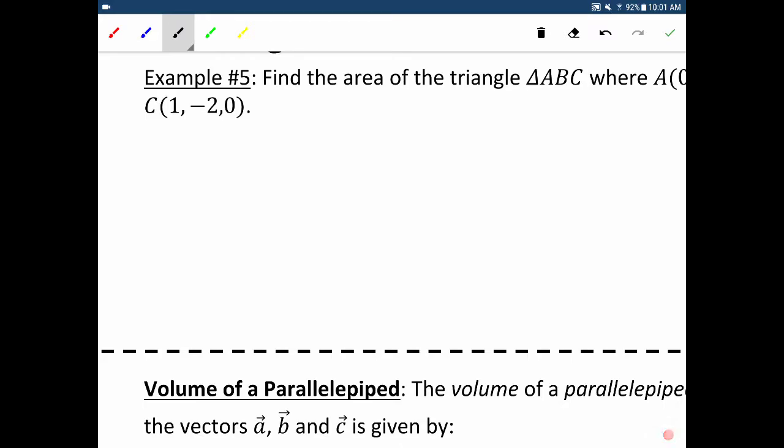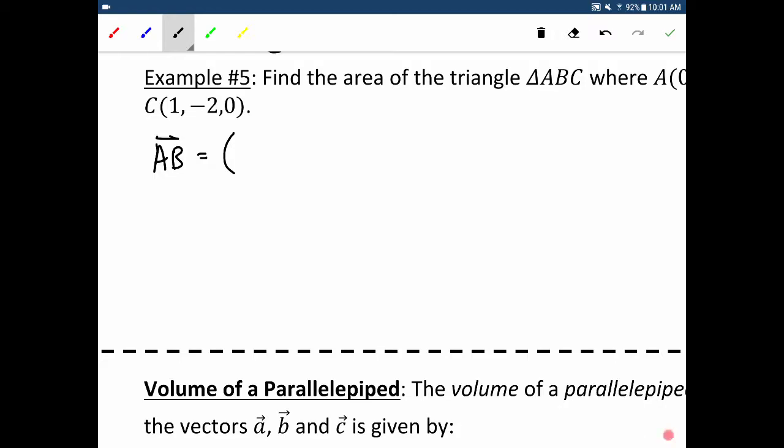So before we do anything, we have to actually create the vectors. We have to find out what is vector AB. Remember, you're just subtracting the A coordinate from the B coordinate.